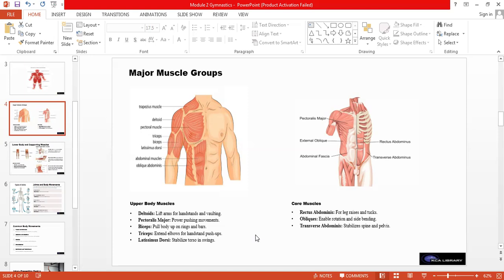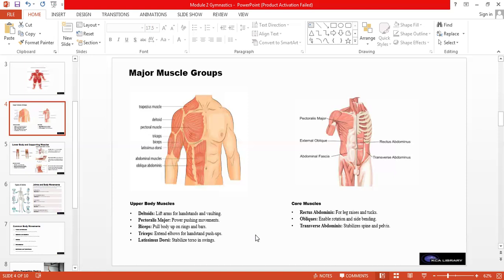And for the core muscle, we have the rectus abdominis, the obliques, and the transverse. The deltoids help in lifting the arms for handstand and vaulting. The pectoralis major is a powerful pushing movement in the body. The biceps pull the body up on rings and bar, while the triceps extend the elbows for handstand push-up.